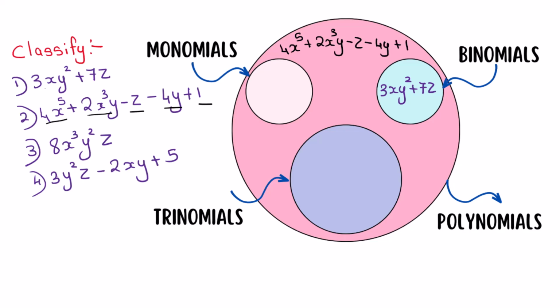Moving on, the third question has got only one term, which is 8x cubed y squared z. It is a monomial. Lastly, in the fourth question, there are three terms, 3y squared z, minus 2xy and 5. It is a trinomial.